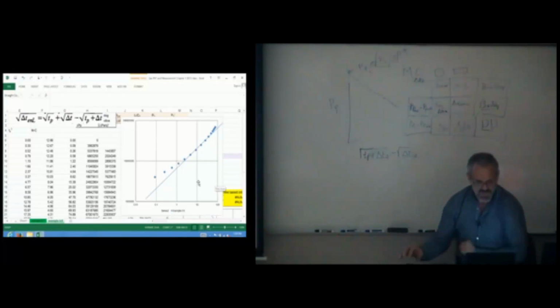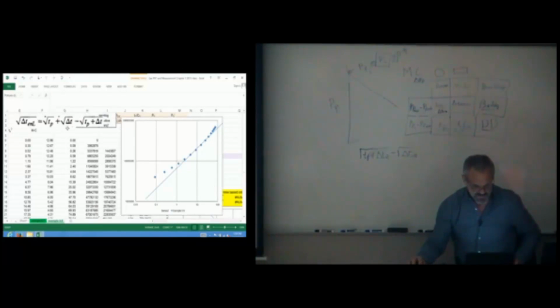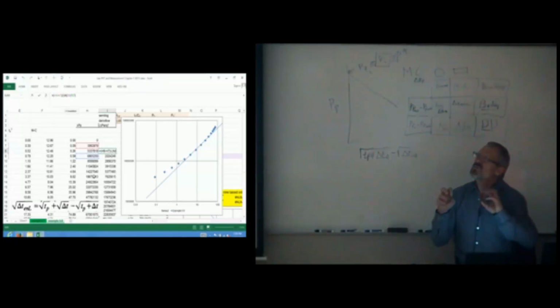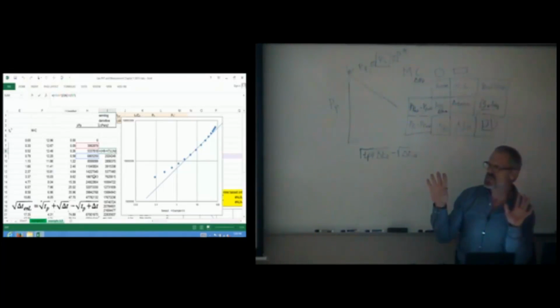Now the pressure derivative that I got built in here, what mathematical function is being used there in my equation bar? What does that tell you? That derivative is a linear flow derivative.